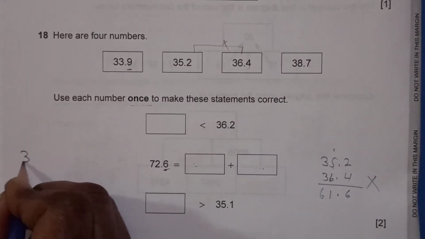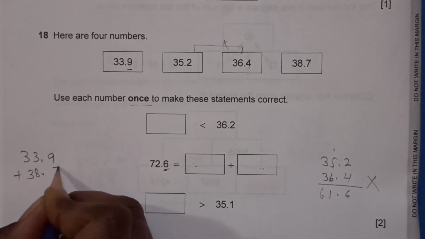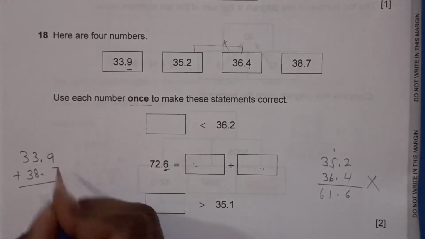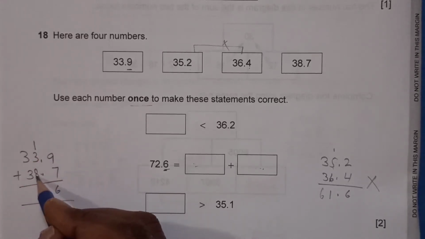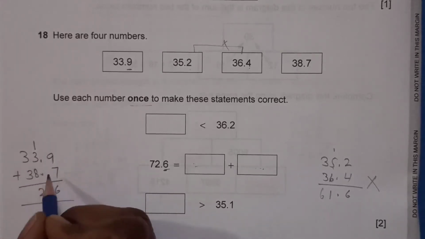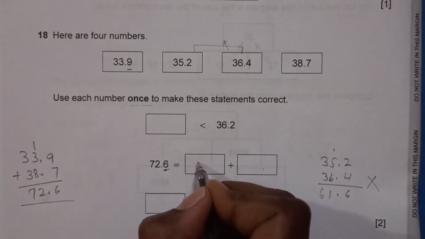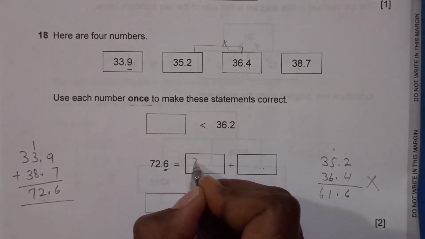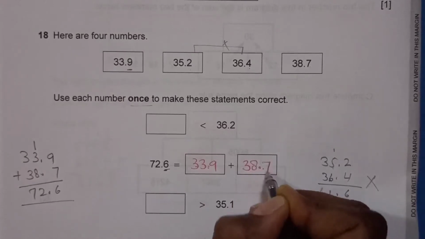So let's see, 33.9 plus 38.7. 9 plus 7 is 16. 8 plus 4 is 12. So this works here. So we can write down here 33.9 and 38.7.